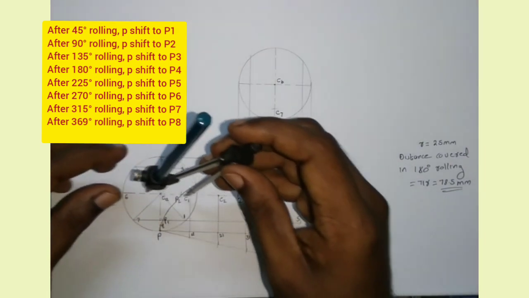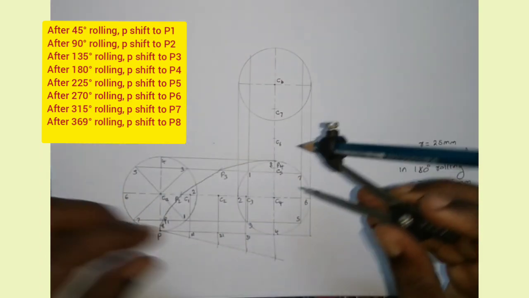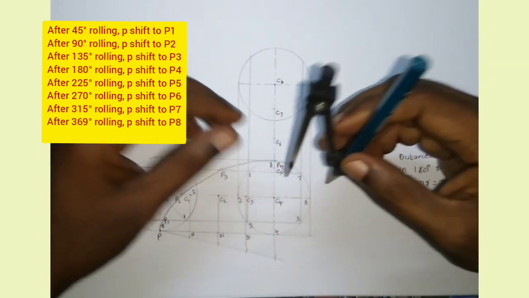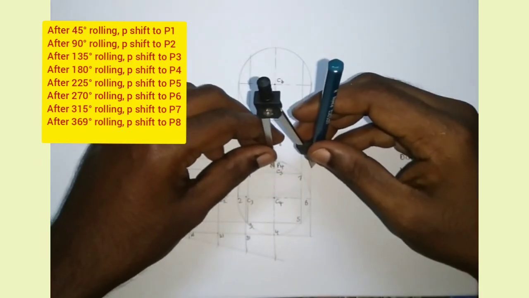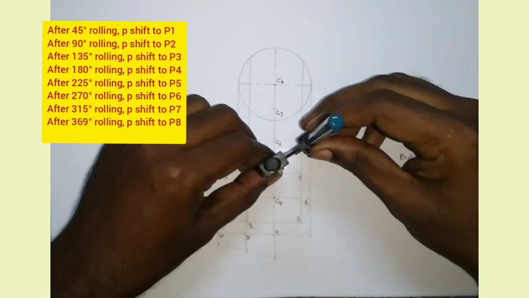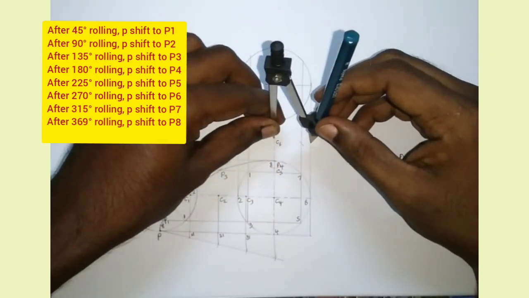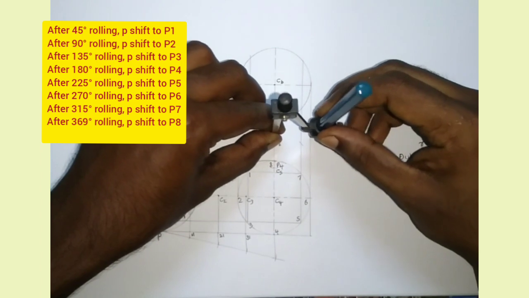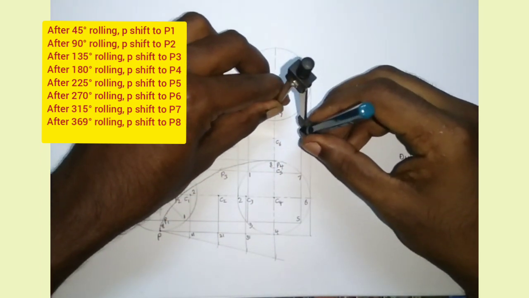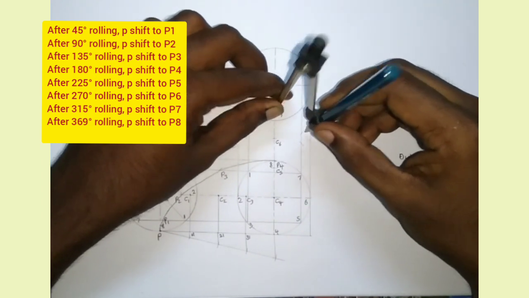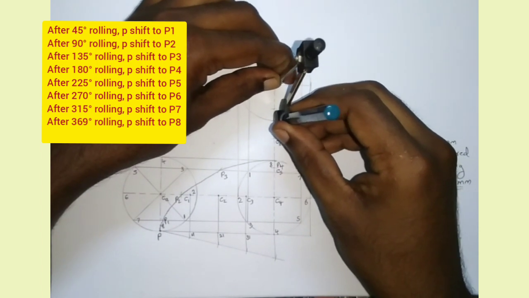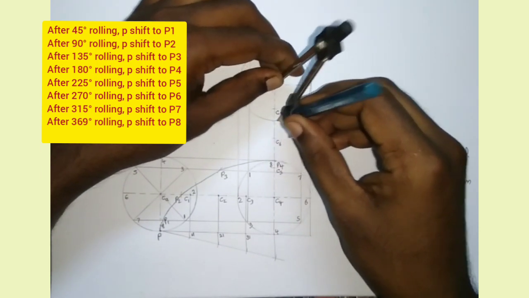Okay, now I am measuring 25 mm on the compass, and from C5 I am cutting an arc on the line through point 7, and from C6 I am cutting an arc on the line through point 6, and from C7 I am cutting an arc on the line through point 5, and finally from CB I am cutting an arc on the line through point 4.